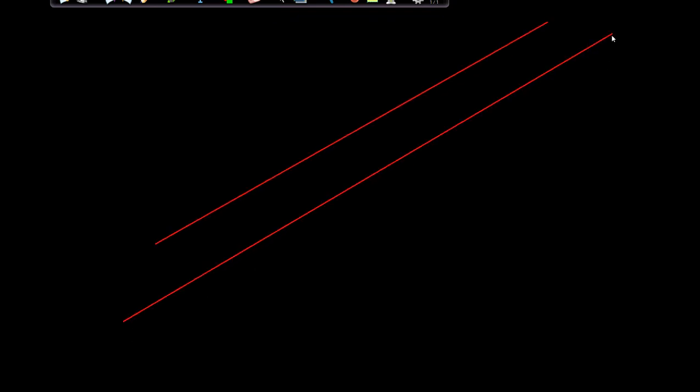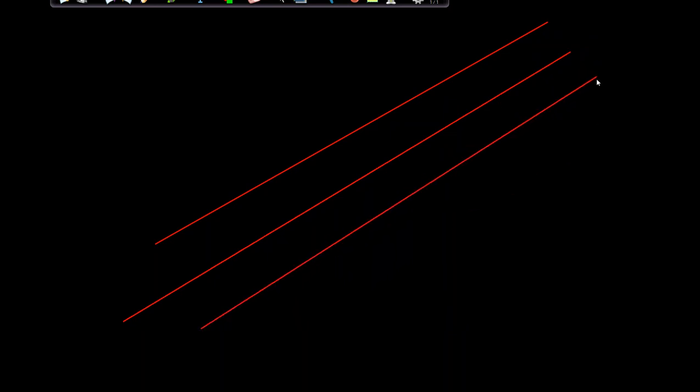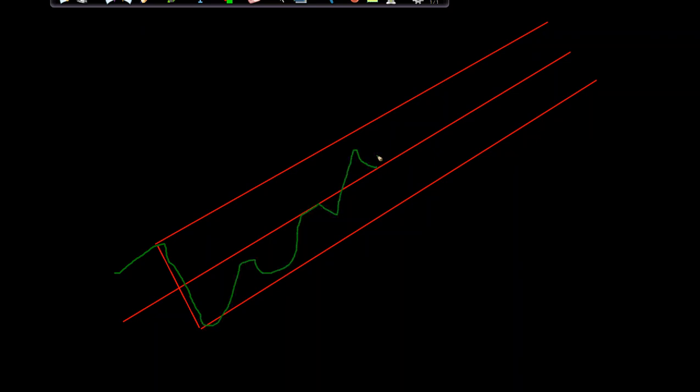I want to put a little bit of an angle on here. Excuse these for not being parallel. Price leaves our fork at some point. What do we instantly do?